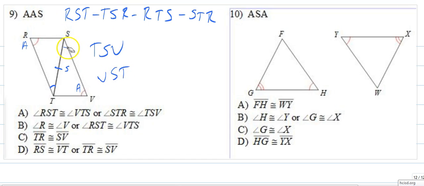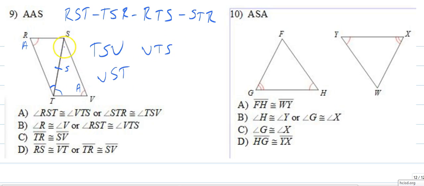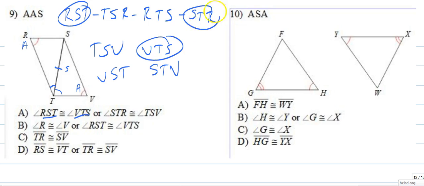If we say it can be this bottom angle, then it's VTS or STV. And now we just look at the answer choice and see which one matches. Look closely at letter A. RST is right here. VTS is right here. So that works. Or STR right there, and TSV right there. So letter A.